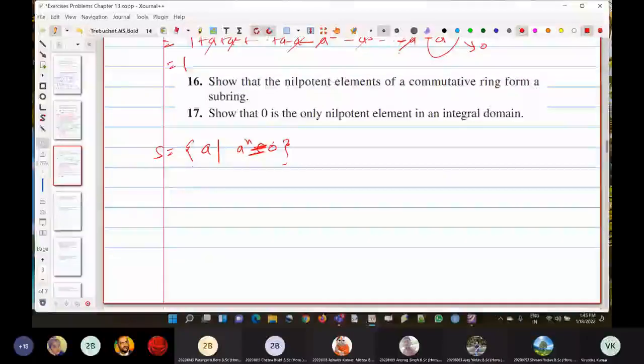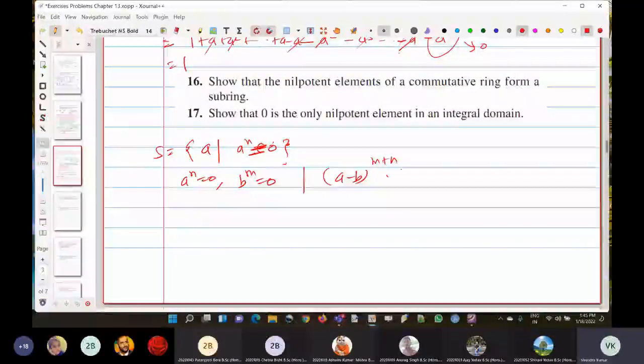All right. So you know that a to the power n equals 0, and if you take 2 elements a and b, with b to the power m equals 0, fine. So a minus b, and you can consider the power m plus n. Okay. And then you can show that this is equal to 0.